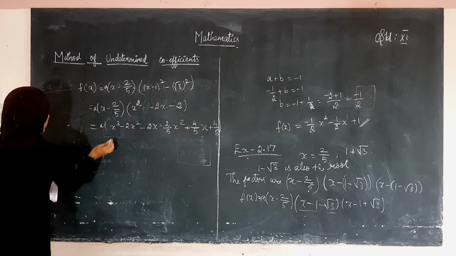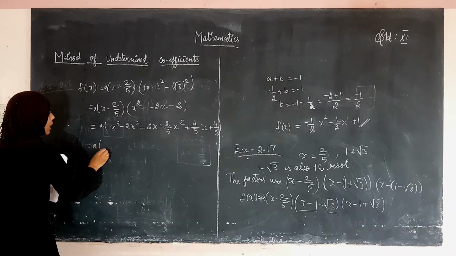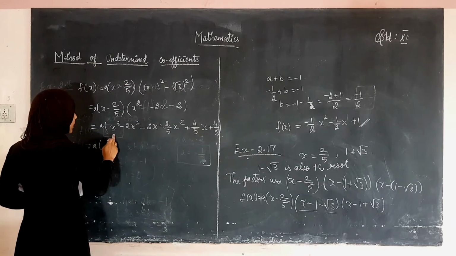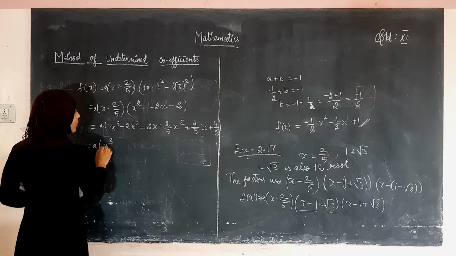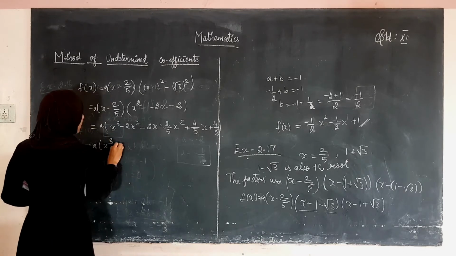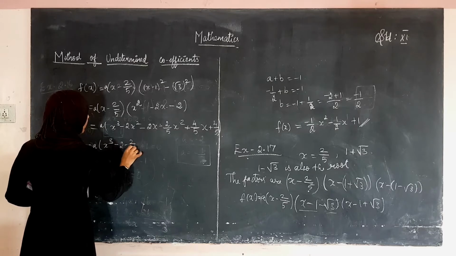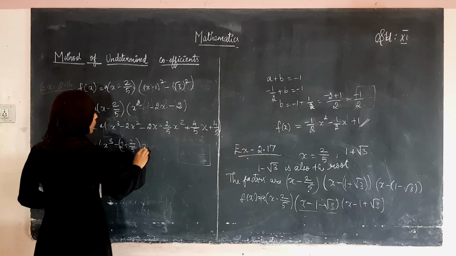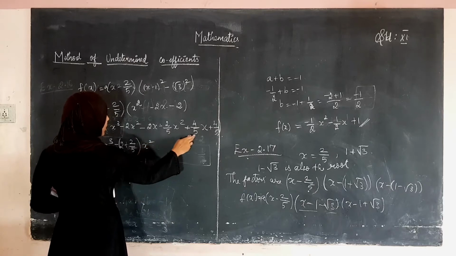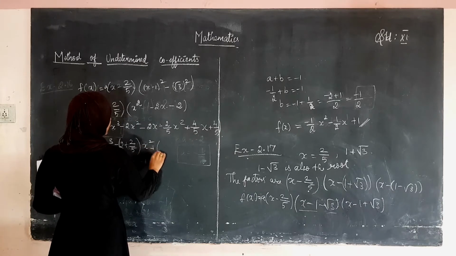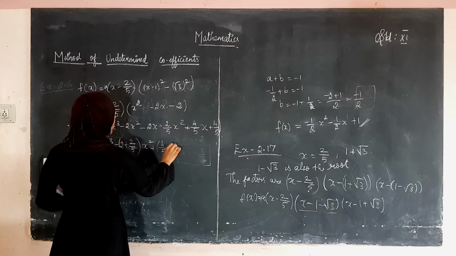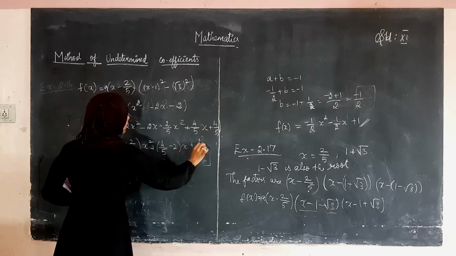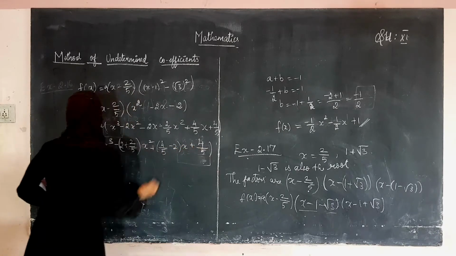Now see here, which is equal to a into, where do we have x cube? We have only one x cube, and then the x squared term: minus 2 minus 2 divided by 5 into x squared. And where do we have the x term? The x term is here: plus 4 divided by 5 minus 2 into x plus 4 divided by 5.